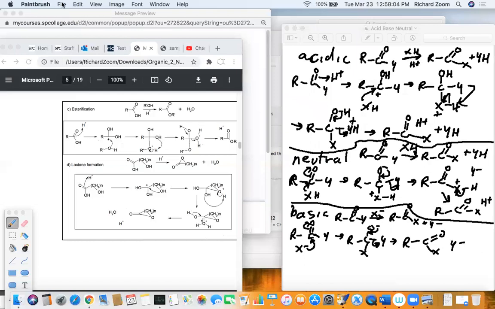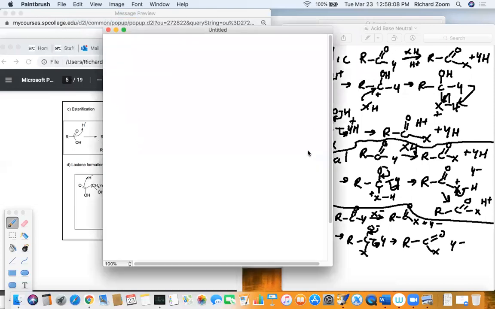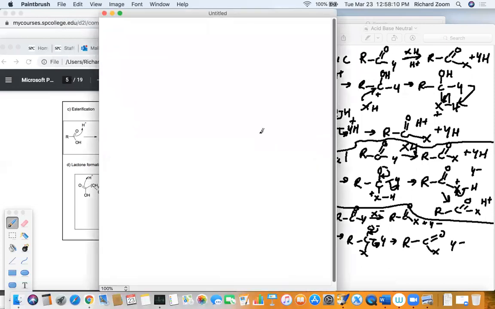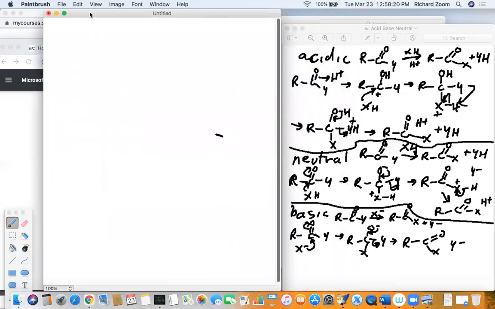I'll restart a new page here and see if that helps it go less crazy. Okay, I think we're okay now. Now it's behaving itself. That was very unpleasant.